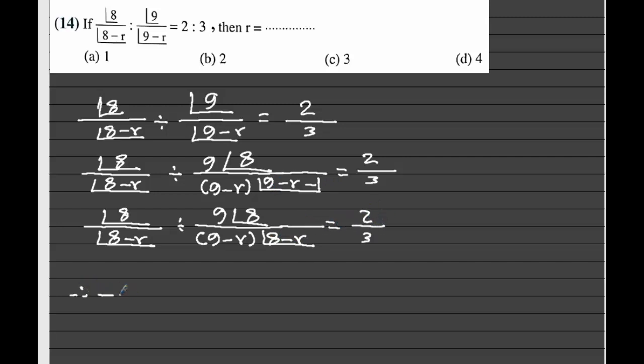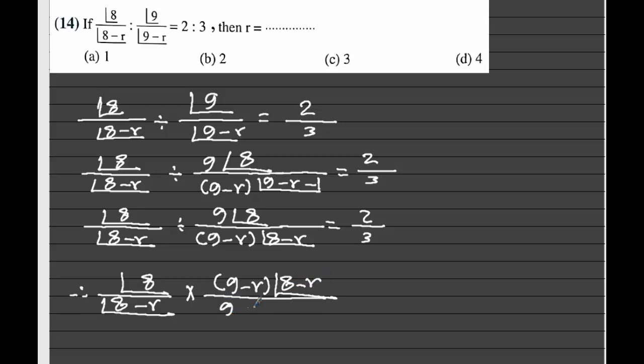So factorial 8 over factorial 8 minus r multiply 9 minus r, factorial 8 minus r over 9 factorial 8.